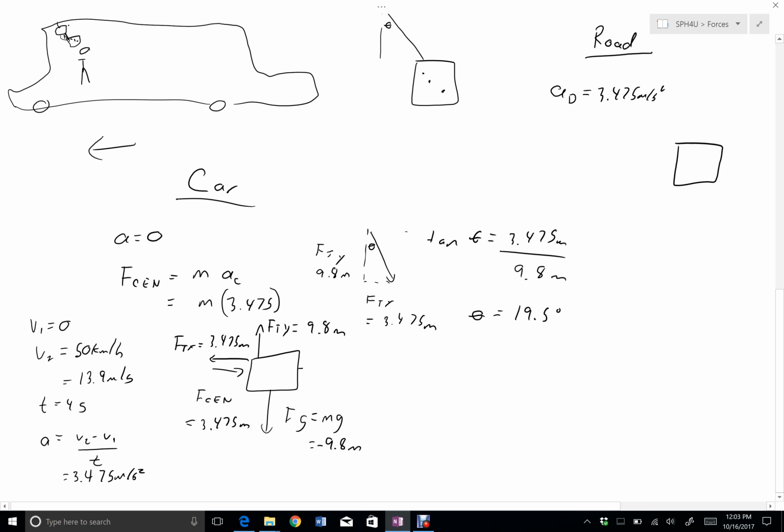So then if we thought about our dice, we'd have a force of gravity, we'd have the vertical component of the force of tension, and the horizontal component of the force of tension. The vertical ones would cancel each other out, and the horizontal one would lead to my net force.